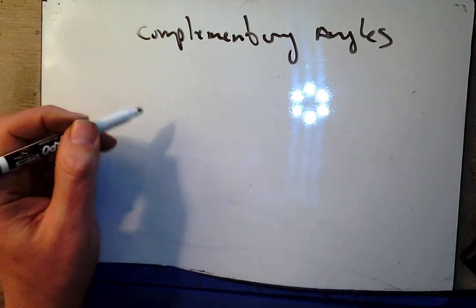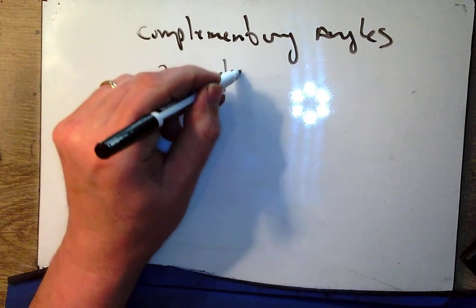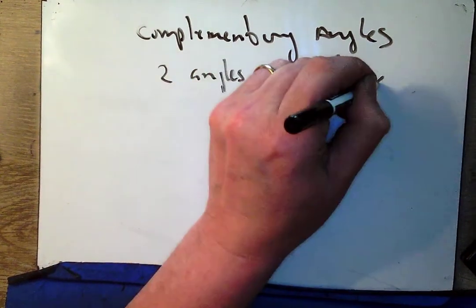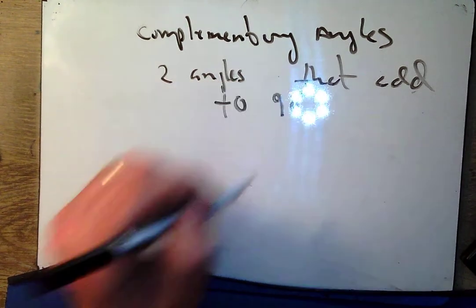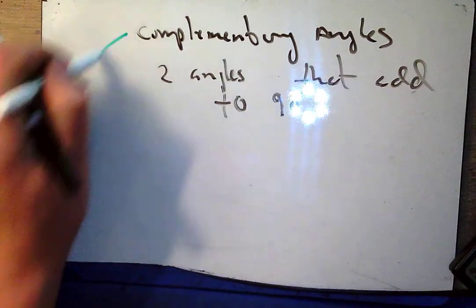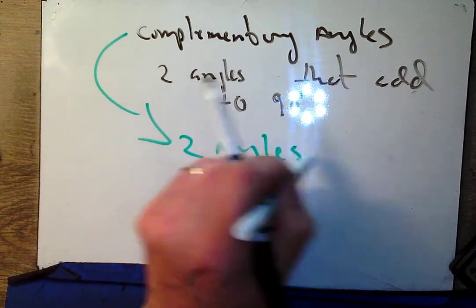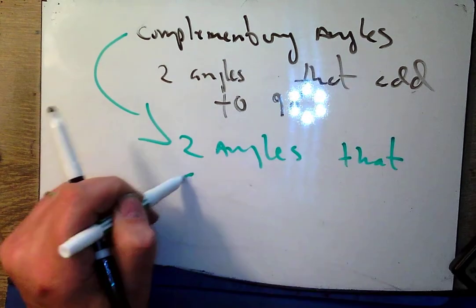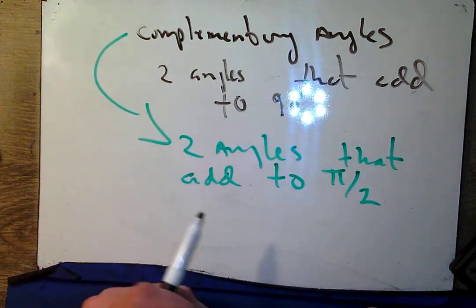When you were younger, you knew complementary angles as 2 angles that add to 90 degrees. Well, yeah, okay, but all the cool kids are saying 2 angles that add to pi over 2 radians.